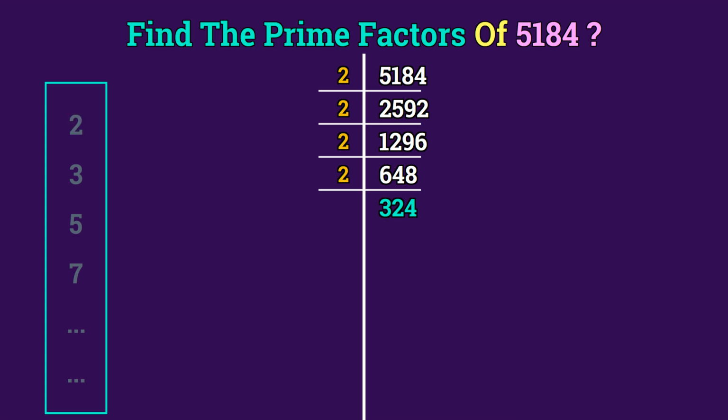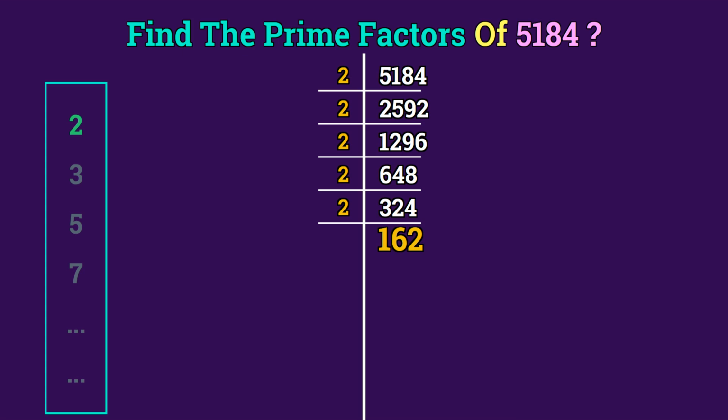Dividing 324 by 2, which equals 162. So 324 divided by 2 equals 162. Dividing 162 by 2, which equals 81.